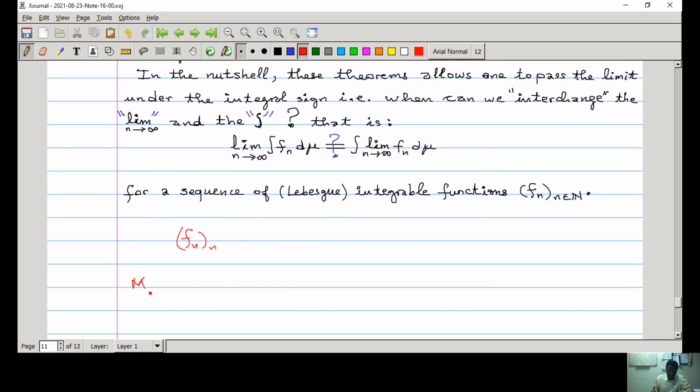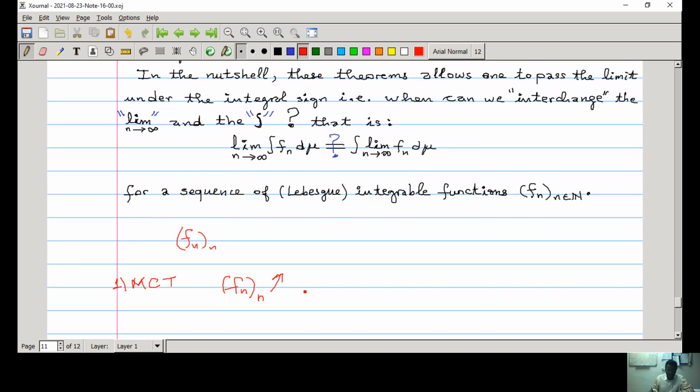Let me state it. Monotone convergence theorem. This is the first theorem. So this sequence is increasing. You take an increasing sequence. So Fn is increasing.